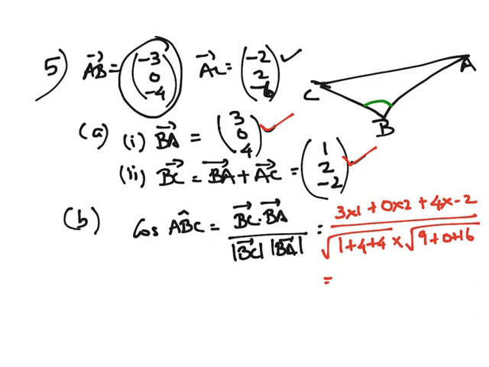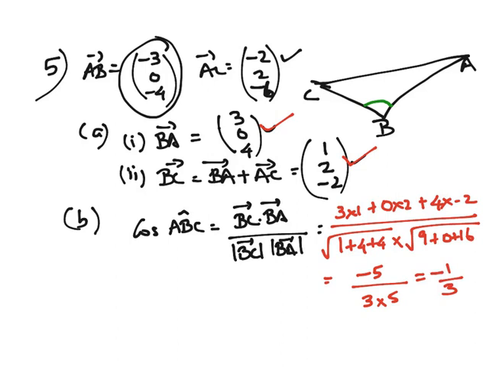So in the numerator you get 3 minus 8, which is minus 5, divided by the square root of 9, which is 3, and the square root of 25, which is 5, so minus 1 by 3. So cos of ABC is minus 1 by 3.